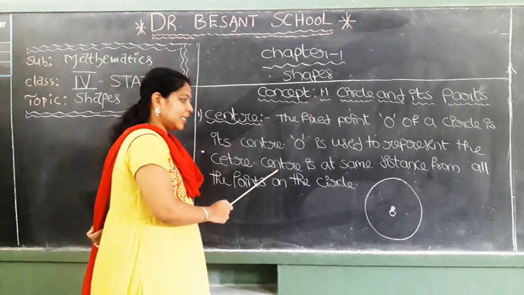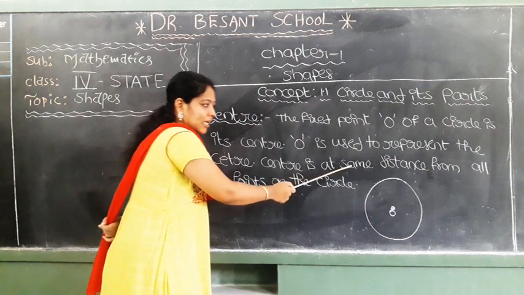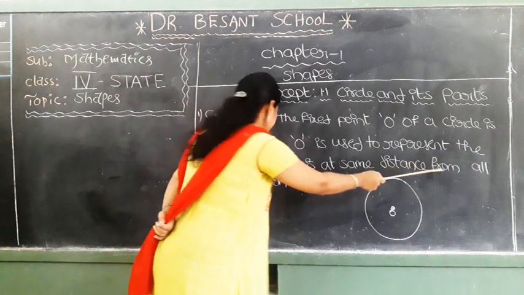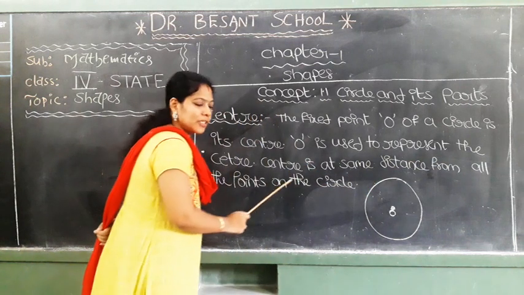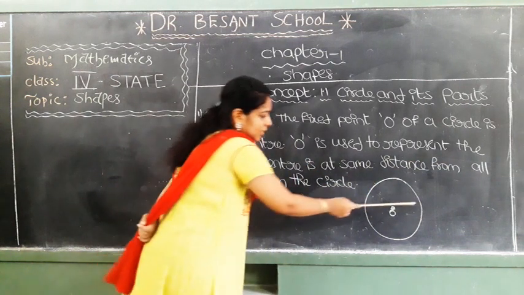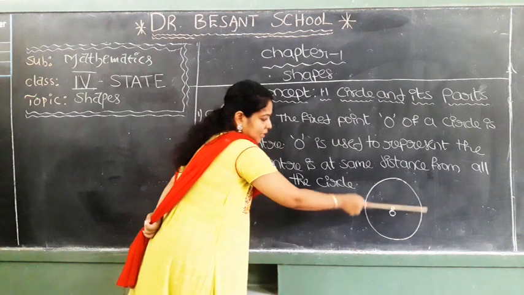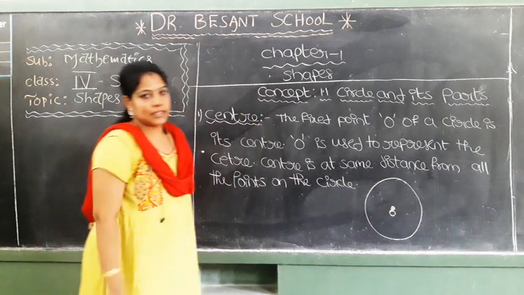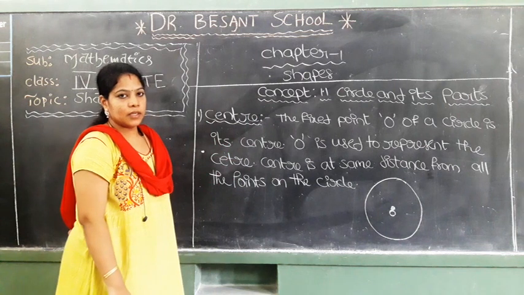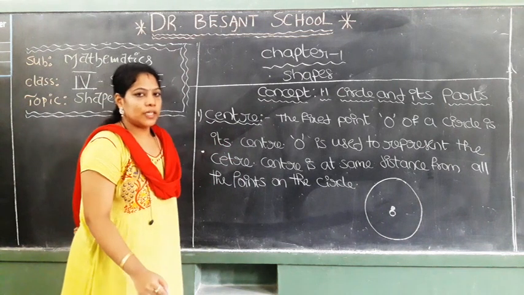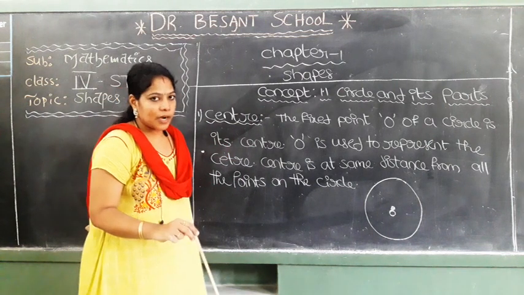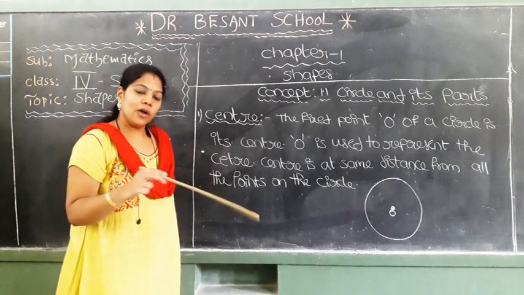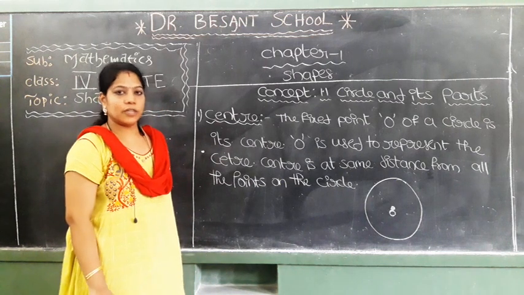Center is at same distance from all the points on the circle. See, this is the circle. This fixed point O is called as center. If you are writing very slowly, then pause the video and write down, then play the video again.